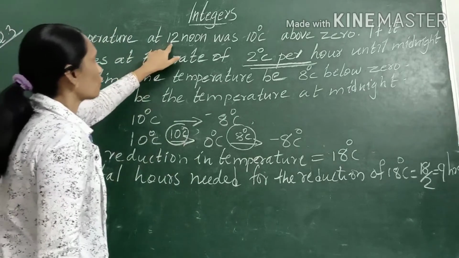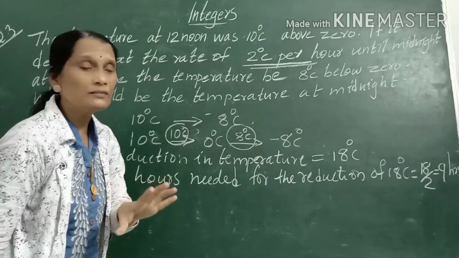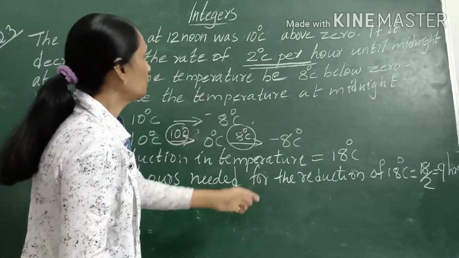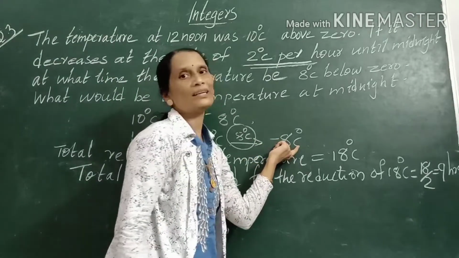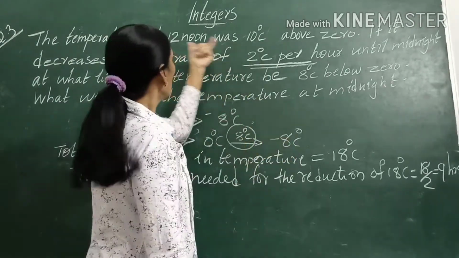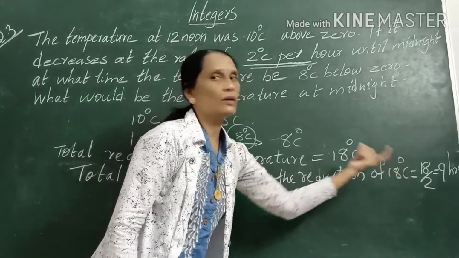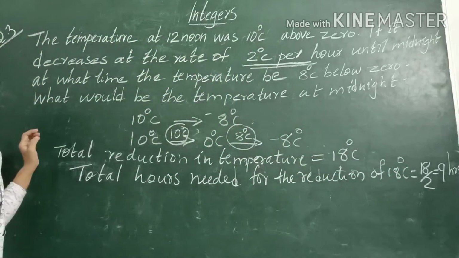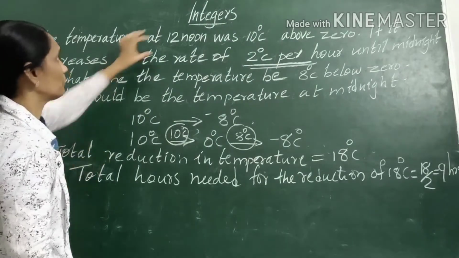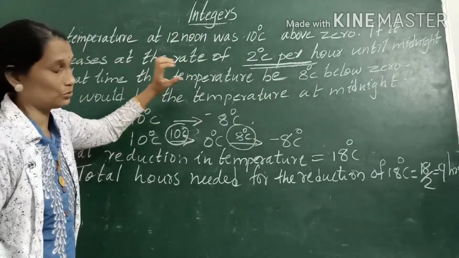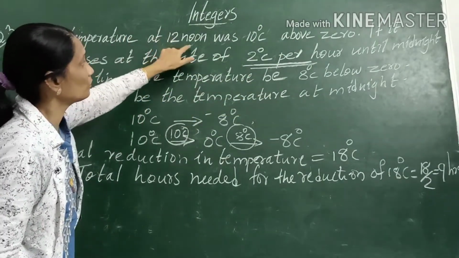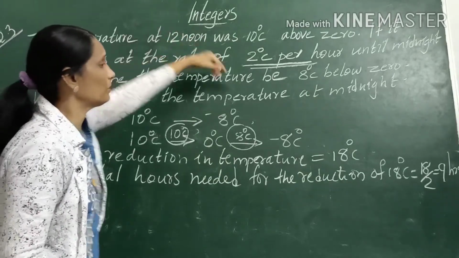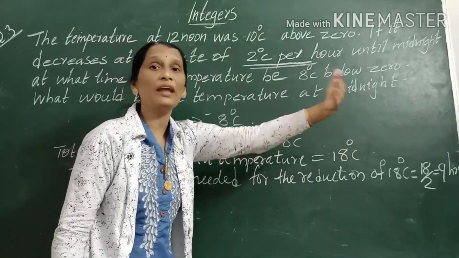So from 12 noon, 9 hours are taken to bring it to minus 8 degrees Celsius. So 12 plus 9 hours, it will become 9 PM. 12 noon means 12 PM, 12 PM plus 9 hours will give 9 PM.